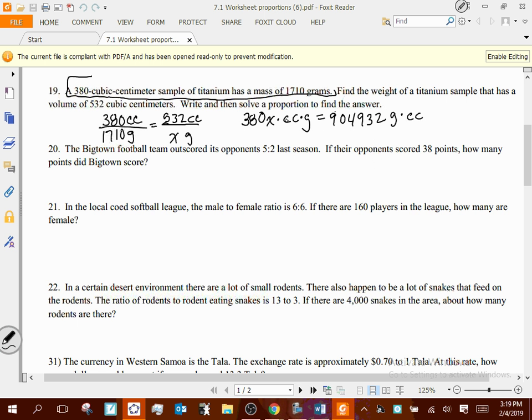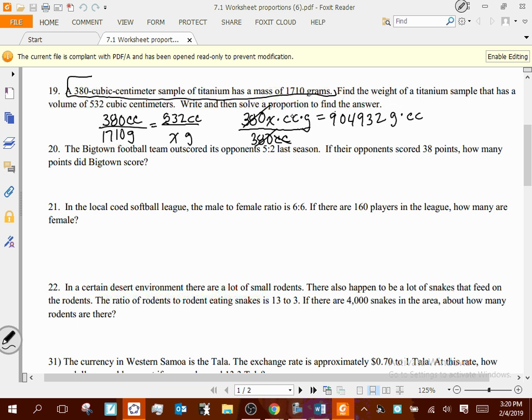Now when I'm solving for X, it says find the weight. So I should have an answer that's left in grams. So I'm going to divide both sides by 380 cc's. That'll cancel.